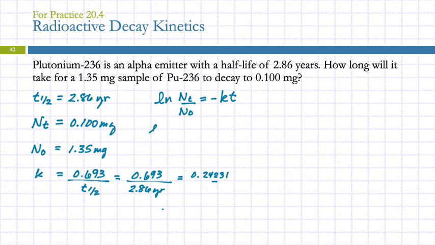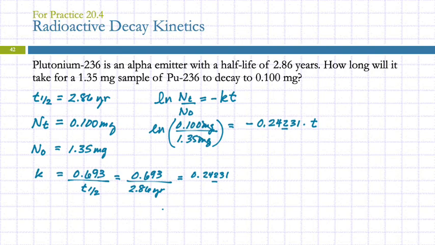So we're going to have the natural log of the amount currently, or at the end, divided by the amount initially present. And you'll see that the milligrams cancel out. And this is going to equal negative 0.24231 times time.